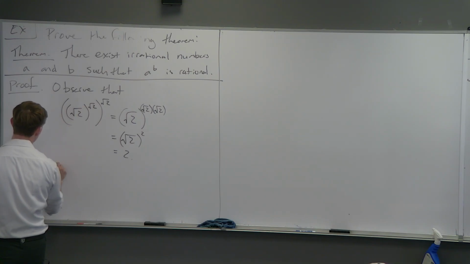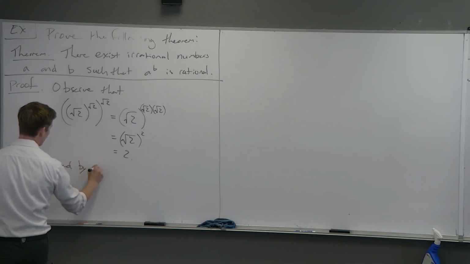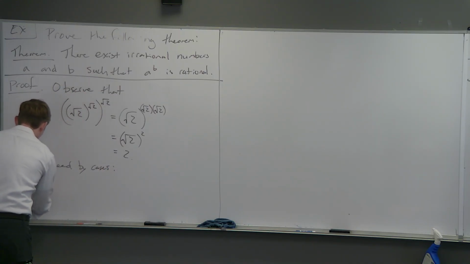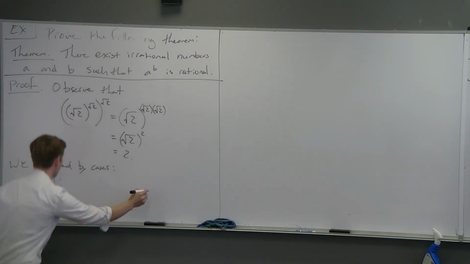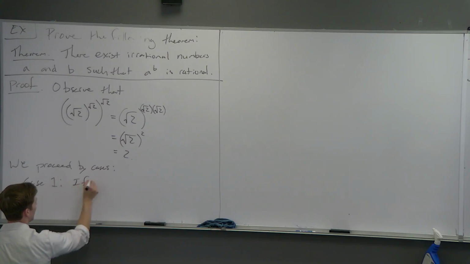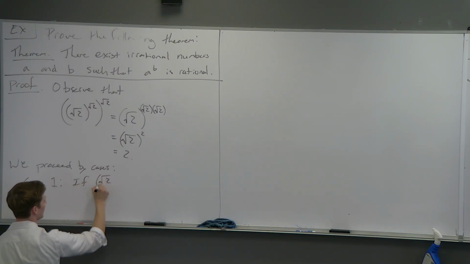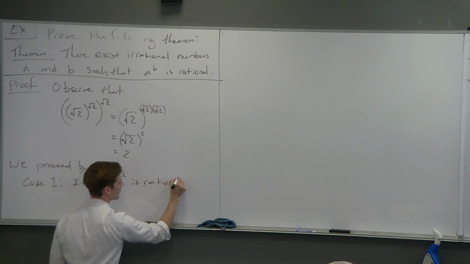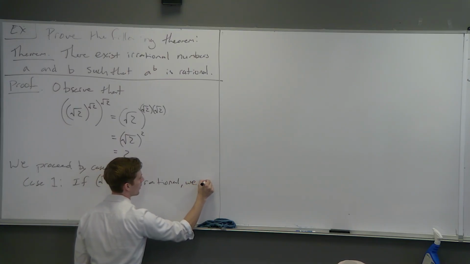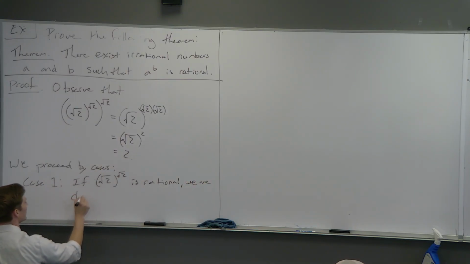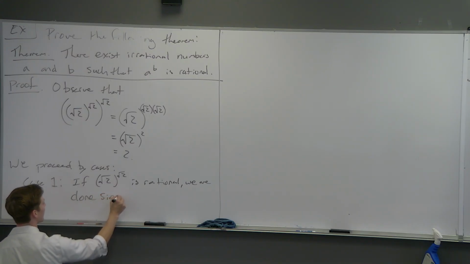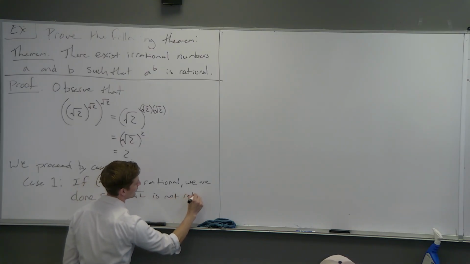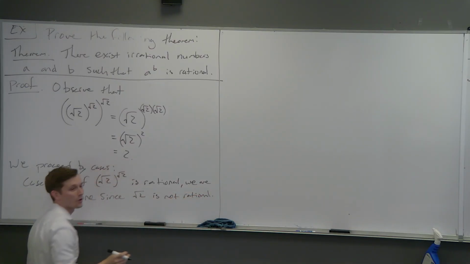We proceed by cases. Case 1. If square root of 2 to the power of square root of 2 is rational, we are done, since square root of 2 is not rational.